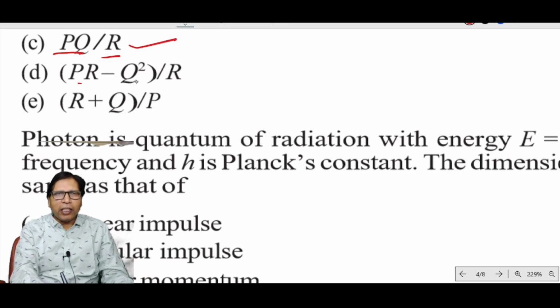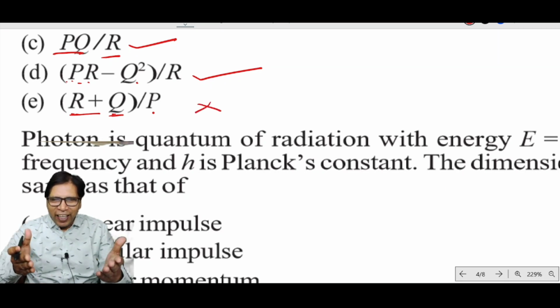Now PR minus Q square, the product of dimension of P and R may be dimension of Q square. So this may be correct. Now R plus Q by P. R and Q are two different physical quantities, so this cannot be possible. So this is wrong. Okay, understood? So A and E are wrong.